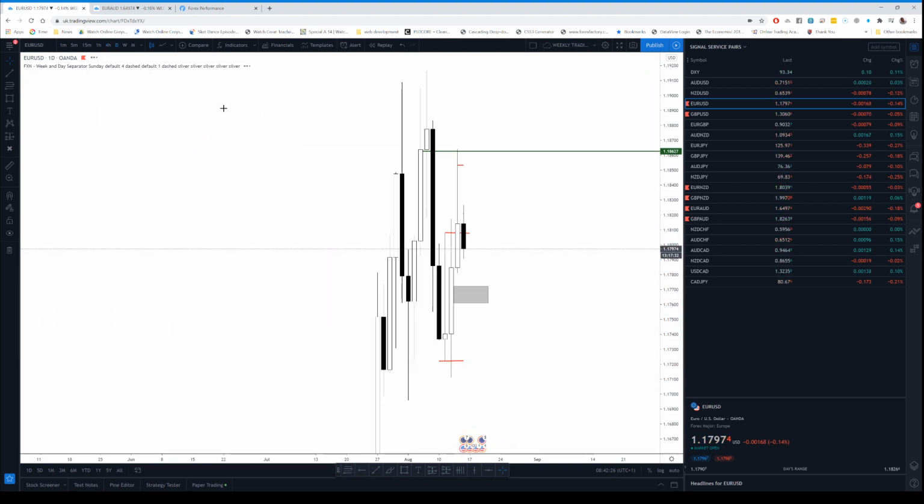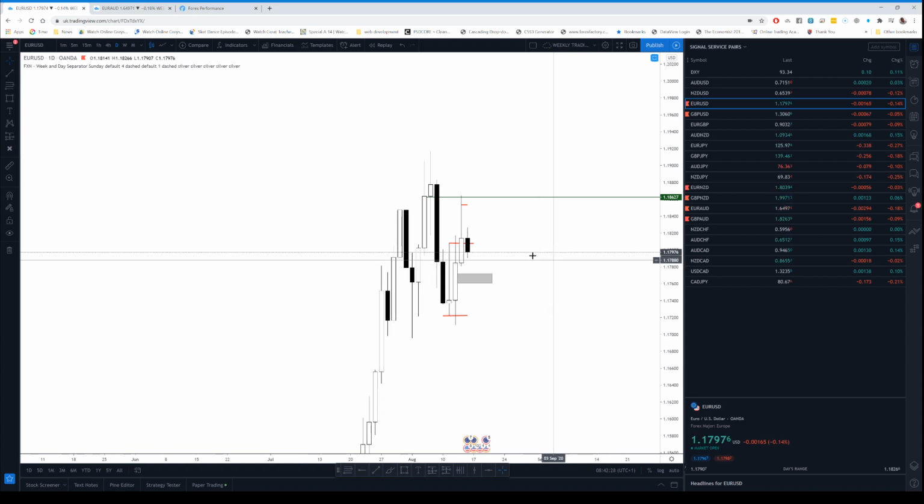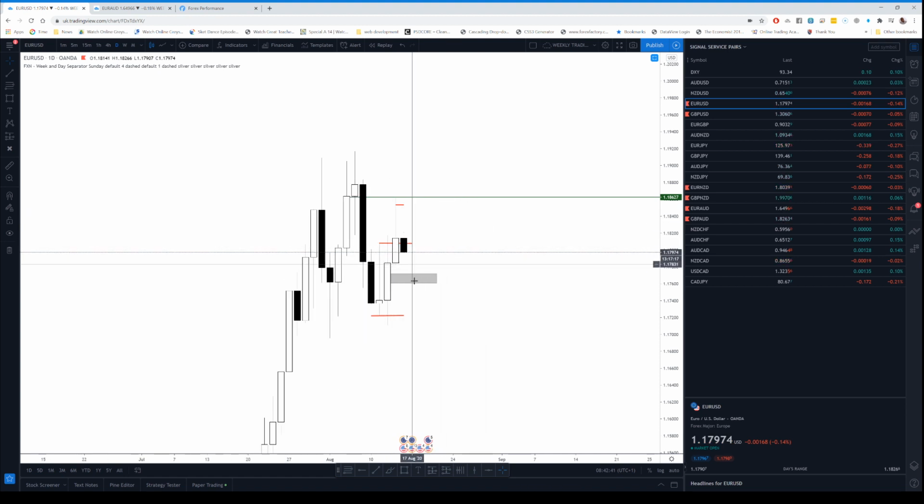If you look on the daily, we are forming like a daily swing. So 1, 2, 3. So if we do close below yesterday's low, then next week we can look for a potential move to come and take out this low, but that's yet to be seen.